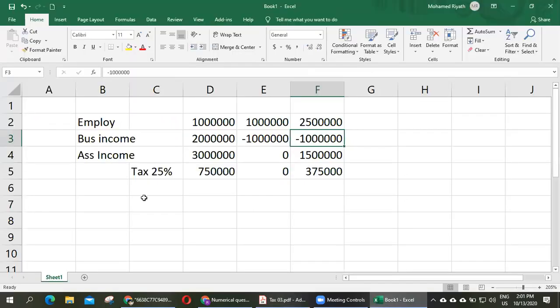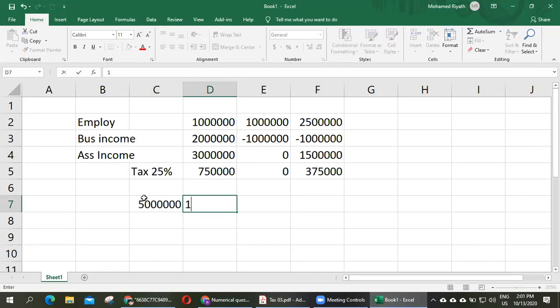Assume you have deposited 5 million in the bank. The bank will pay interest at 10%. How much will you receive as investment interest for the year?